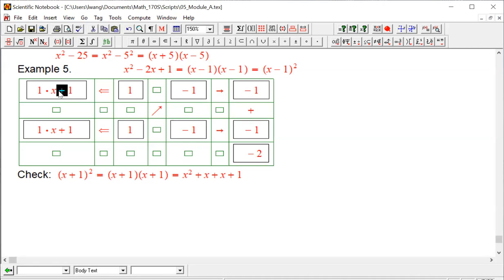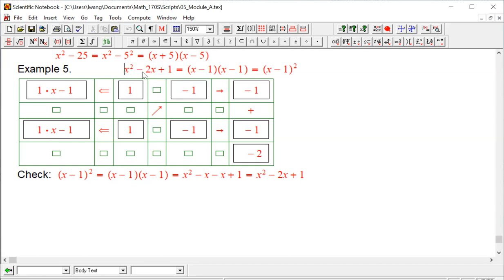Minus here, minus. Sorry about that. Okay, x minus, so minus x. So in the end, we get x squared minus 2x plus 1. Okay, you probably have recognized this is actually a perfect square.